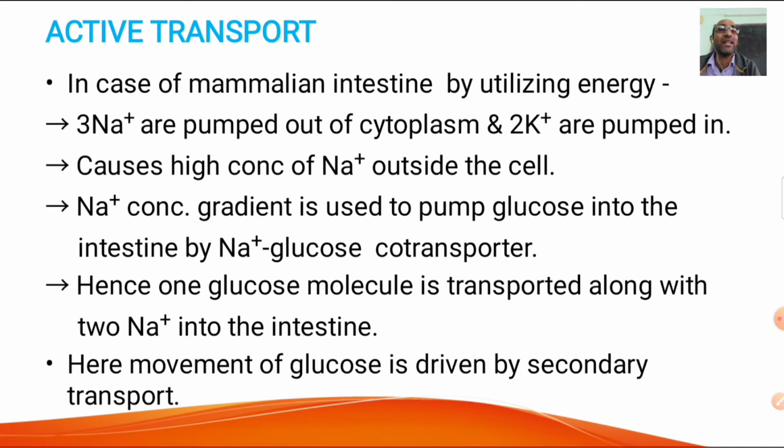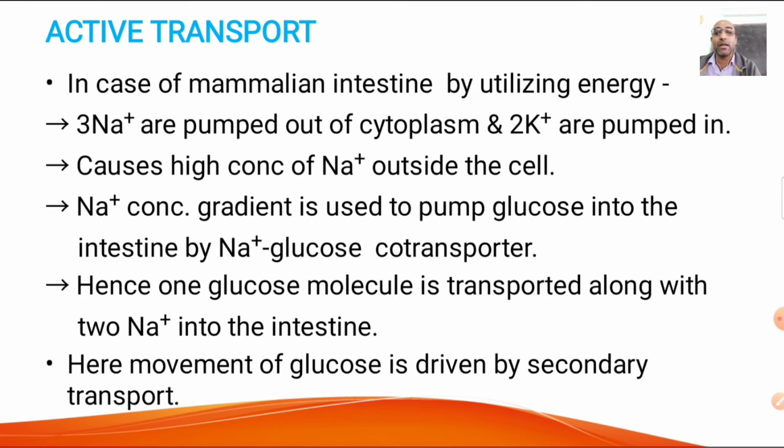Here, the secondary active transport helps in the transport of glucose with the help of sodium glucose co-transporter. Got it? What happens? One glucose molecule is transported along with 2 Na plus into the intestine. Co-transporter means all of these move in one direction. One glucose molecule and 2 Na plus move into the intestine through the sodium glucose co-transporter.